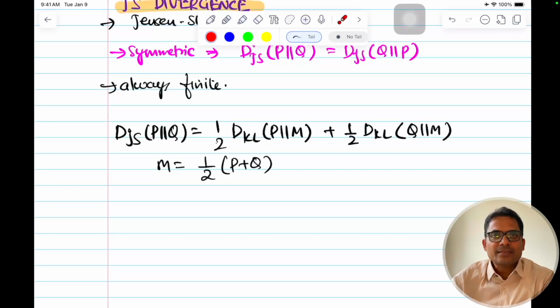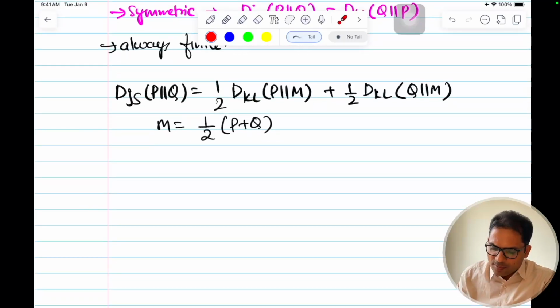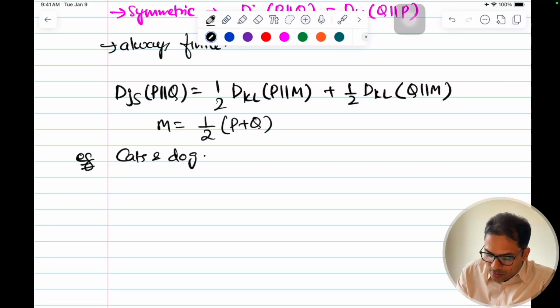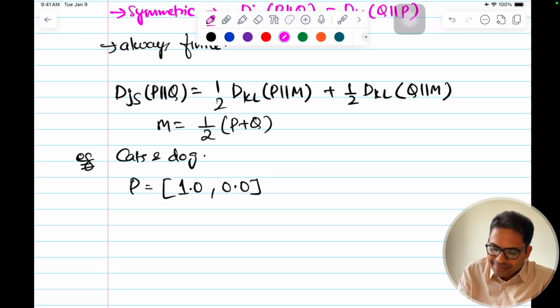That is self-explanatory. Let's do a simple problem, the same cat and dog problem, to understand this. What is the truth?